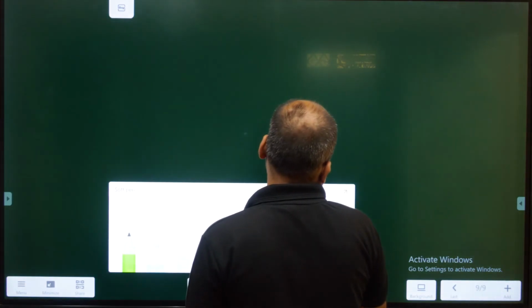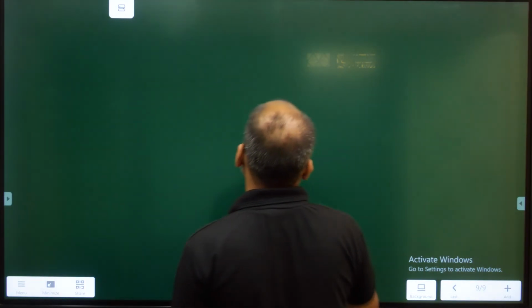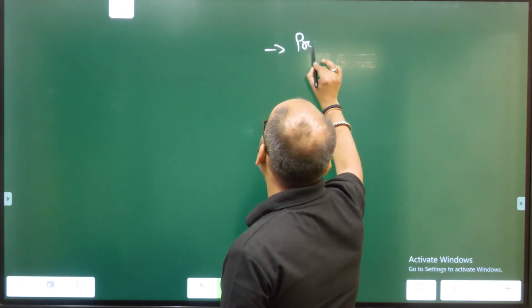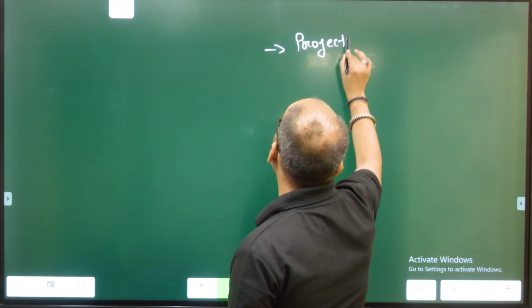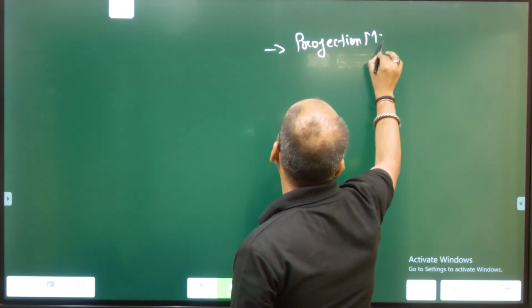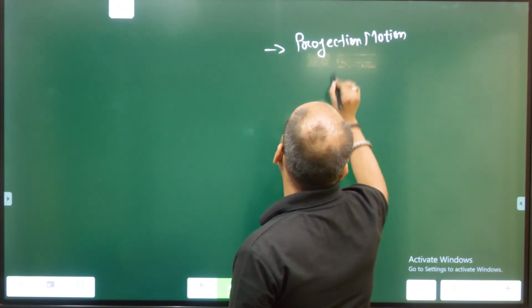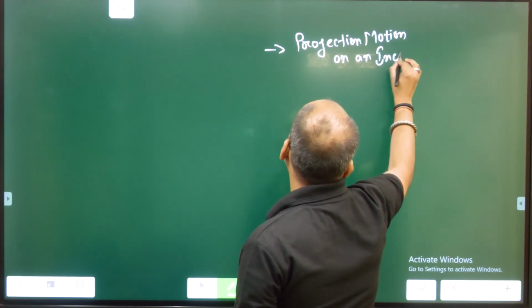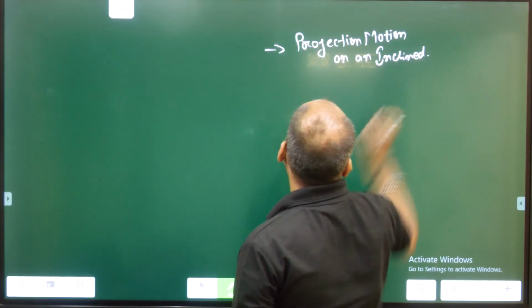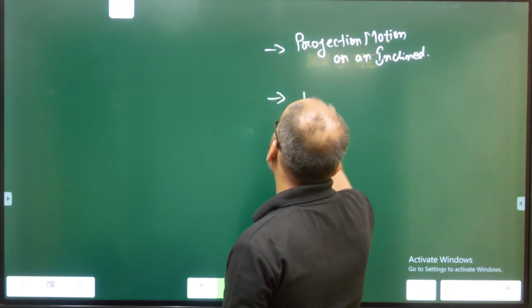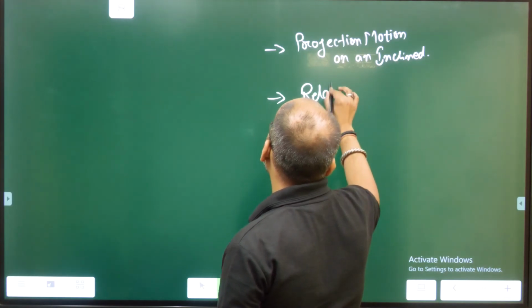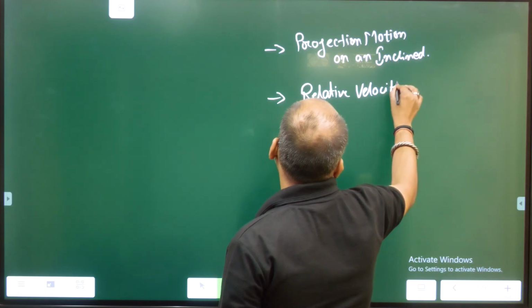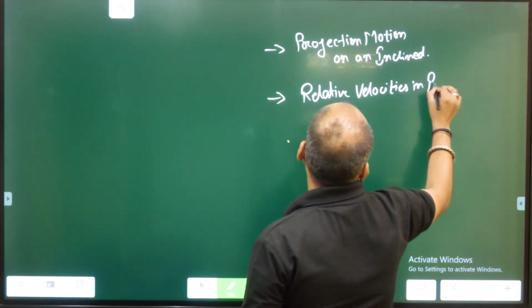Now, in projectile, we are left with projection motion on an inclined plane, then relative velocities in projectile.